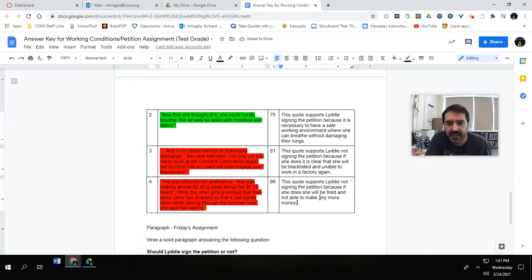So this quote supports Liddy not signing the petition because if she does, she will be fired and not able to make any more money.